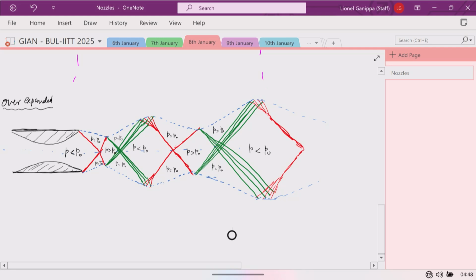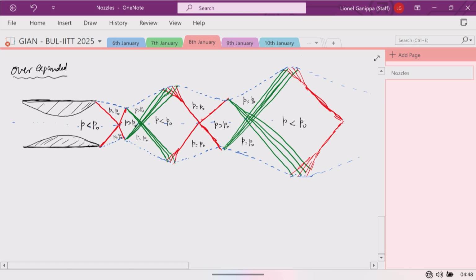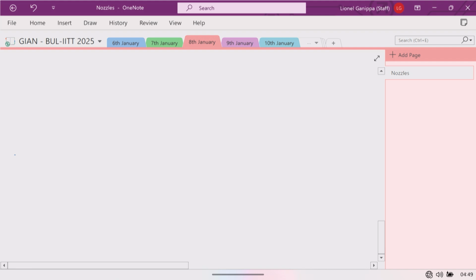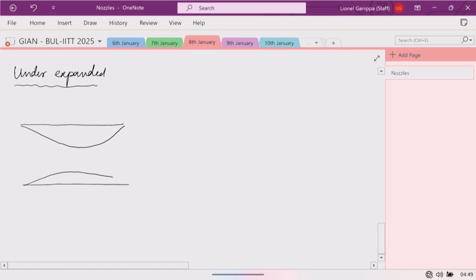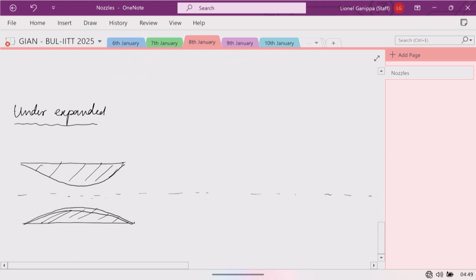Now let's look at the situation where we have an underexpanded situation. So if it's underexpanded, P is greater than P naught.